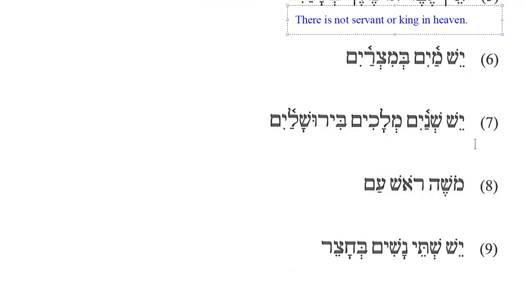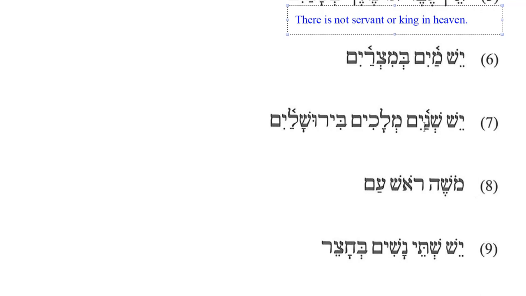Let's look at number 7. We have Yesh Shanayim Melakim Birushalayim. Notice the accent here before the final syllable, so it's on the second to last syllable, so it's Shanayim. So we have Yesh, there is, that's our particle of existence again.